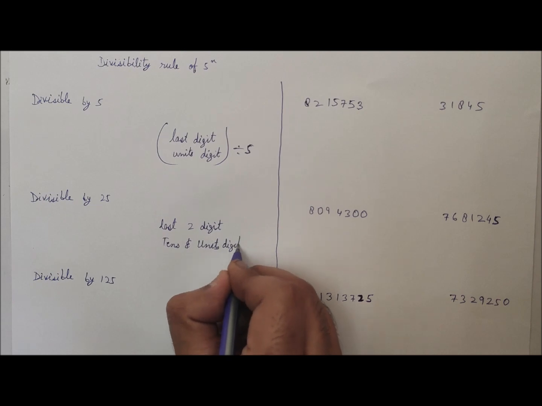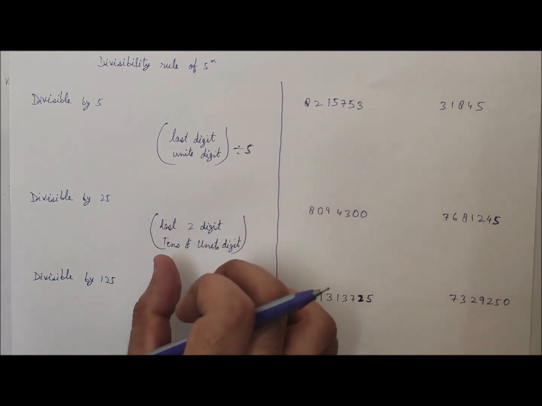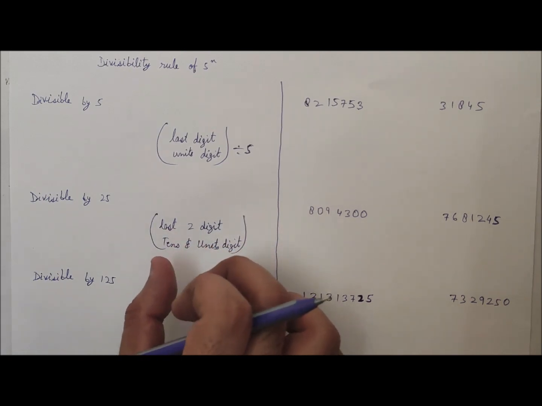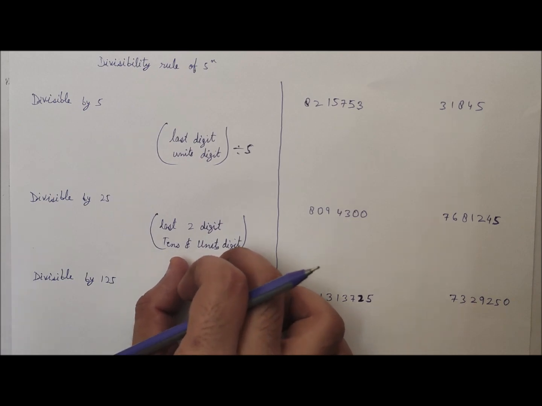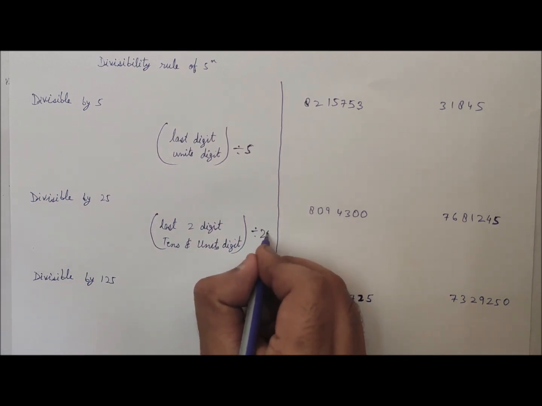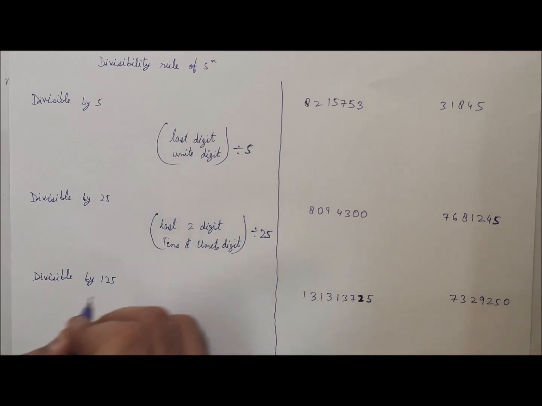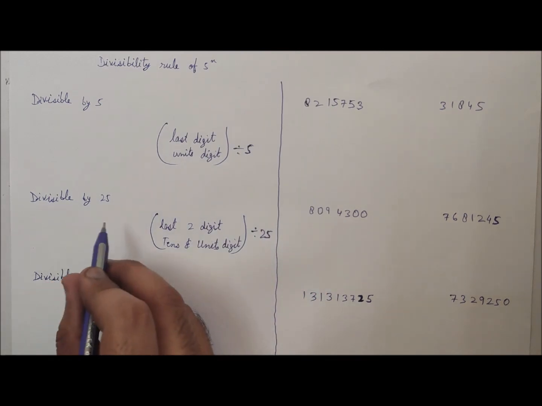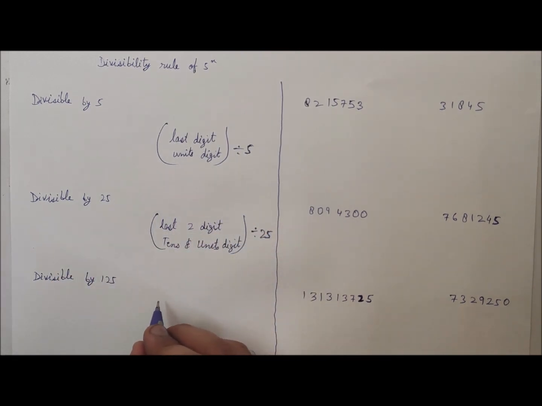So we check the tens and units digits placed side by side, the two digit number that we get. If it is divisible by 25, we say that the whole number is divisible by 25. For 125, we check the last three digits, the hundreds, tens and units digit.